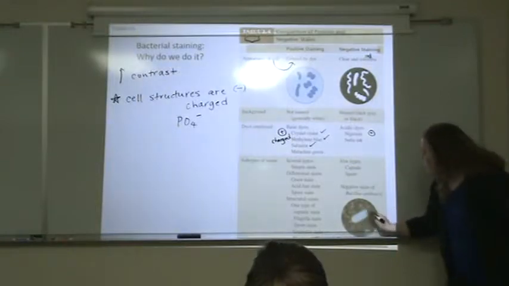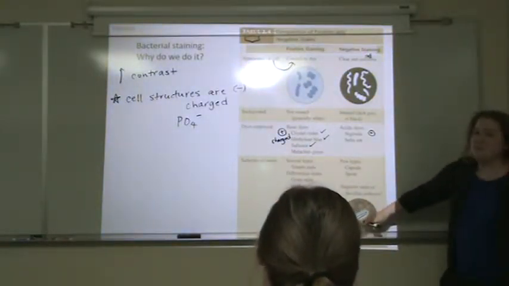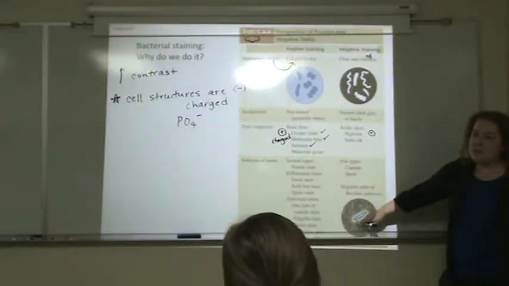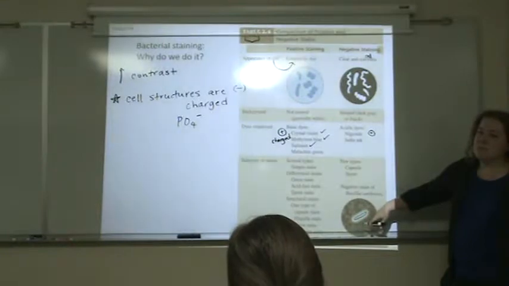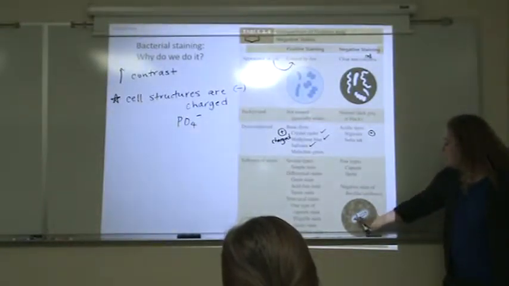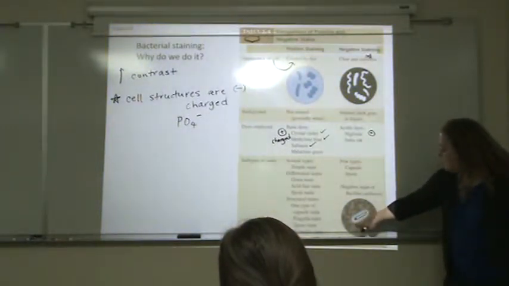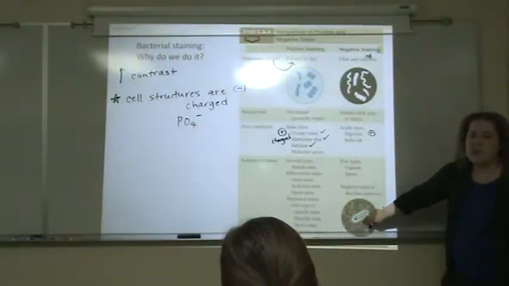If you have a cell that has something interesting around it, and you want to see what's around it, then you might stain the background, like a capsule stain. So in this one, that's actually the cell that I drew. Around it is a capsule, and if you do a negative stain, you can see the depth of the thickness of the capsule.